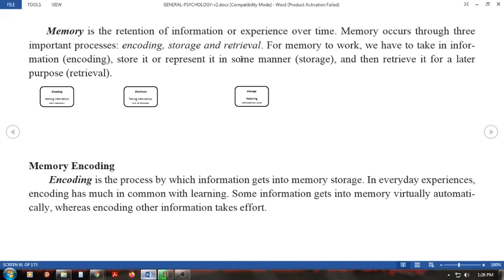Now, the first process would be encoding, the process by which information gets into memory storage. In everyday experiences, encoding has much in common with learning. Some information gets into memory virtually automatically, whereas encoding other information takes effort.